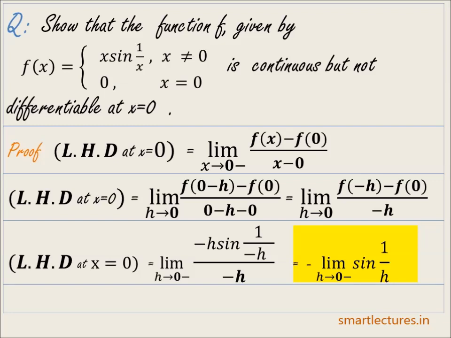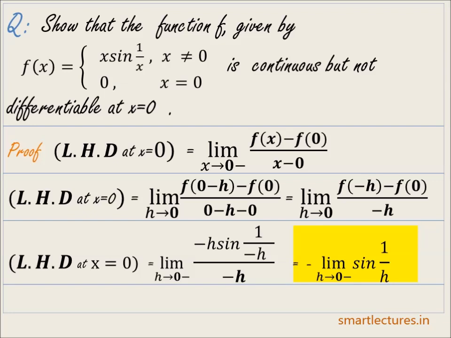And what's the value of sine of 1 upon h when h approaches 0? Now the value of the sine function always lies between minus 1 and 1. But when h approaches 0, it can attain any value in between minus 1 and 1.